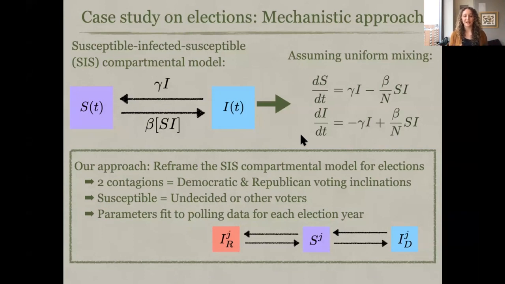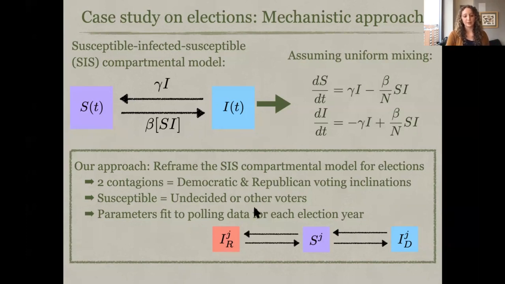If you want to be nonpartisan about it, you have to recognize that there is not just one disease propagating during an election year, there are at least two. So we reframe it to say someone can be infected Democratic or infected Republican, where of course the terms don't completely apply. And then a susceptible individual is just someone who is undecided or some other type of voter.